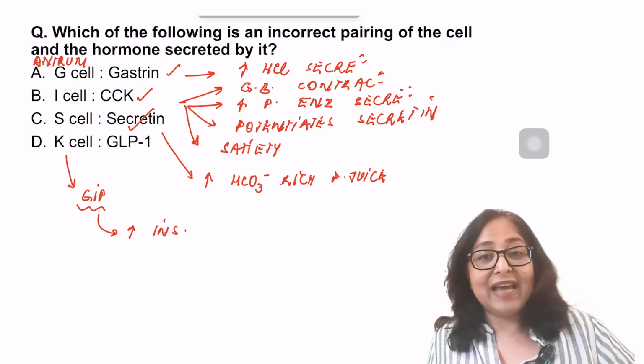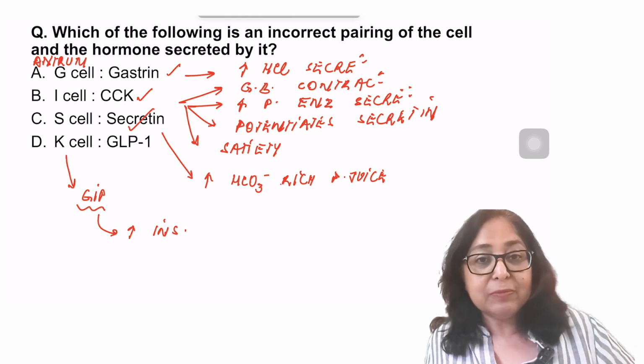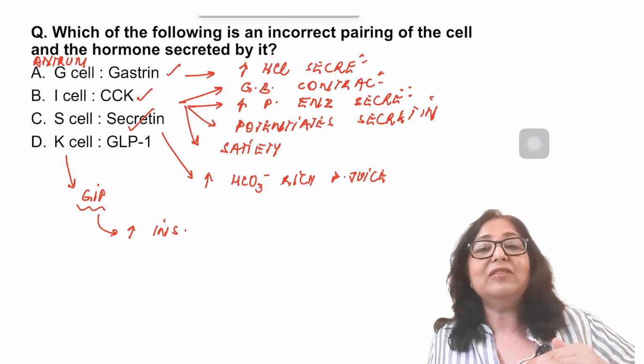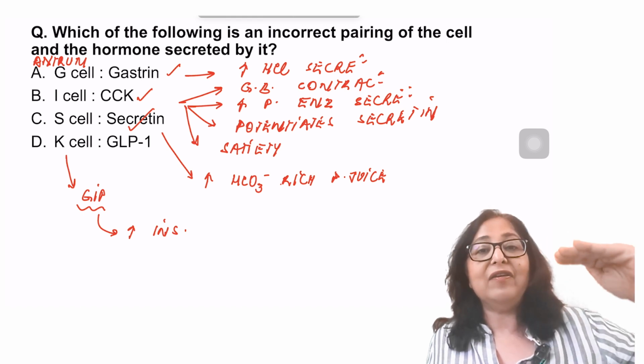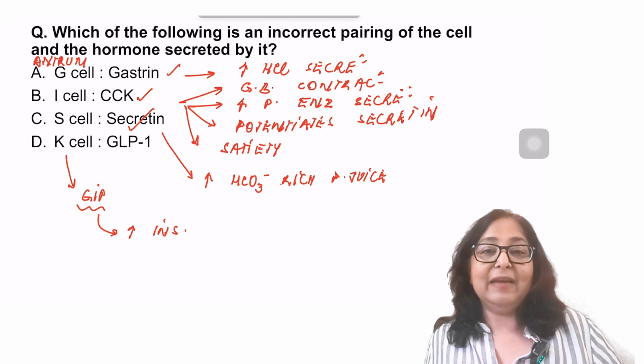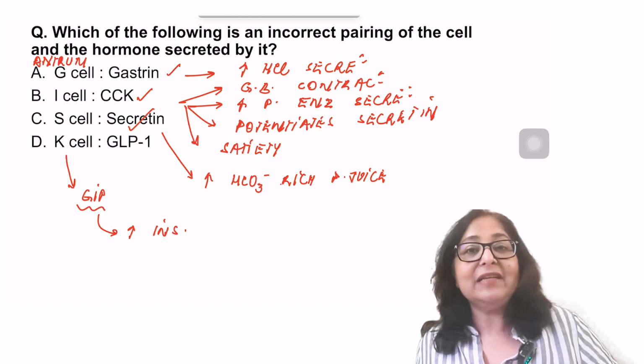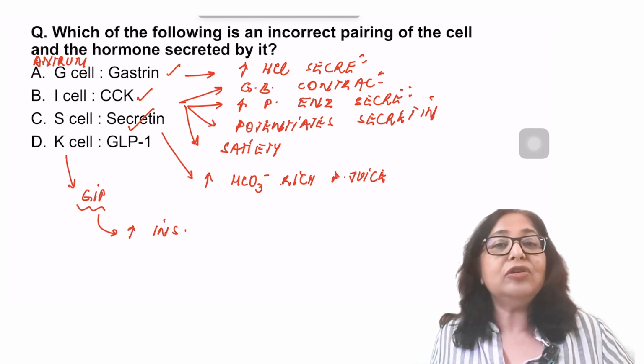It does produce inhibition of gastric motility and secretions, but only when the GIP levels are very high. That is why the name was changed from gastric inhibitory peptide to glucose-dependent insulinotropic peptide.